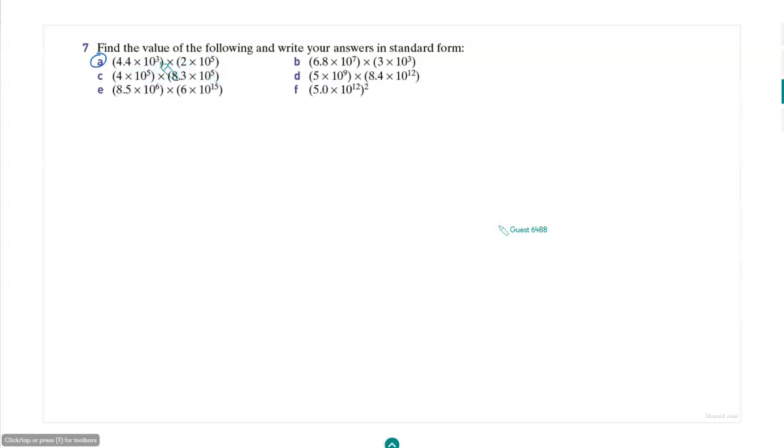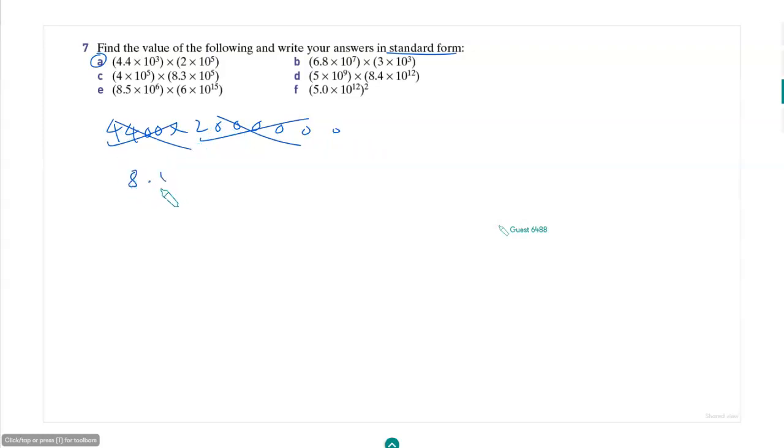You can just keep the 10 to the power terms just like that and multiply only the other terms, right? So just multiply 4.4 times 2. You don't have to do like 4400 times 2000. You don't need to do that because anyway you have to write in standard form, right? Finally. Yes. So this is not a good idea.